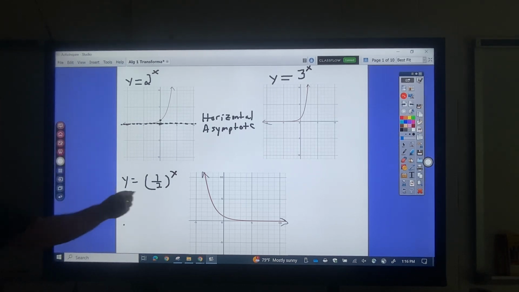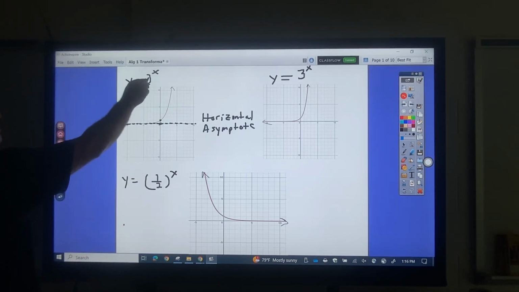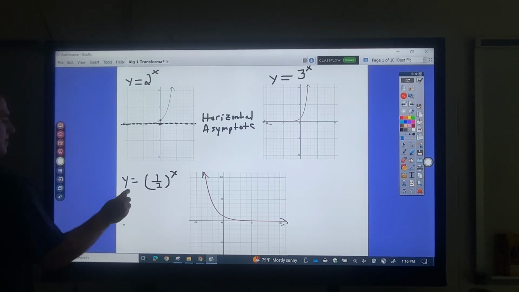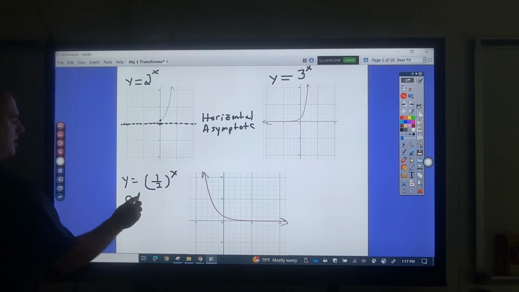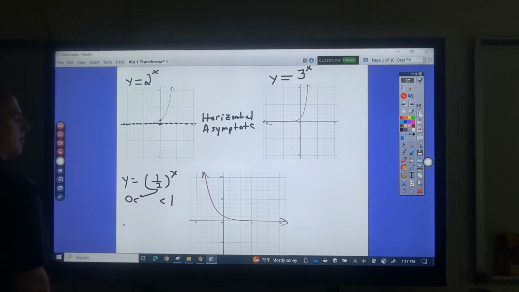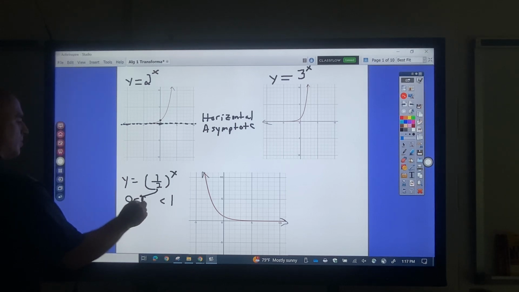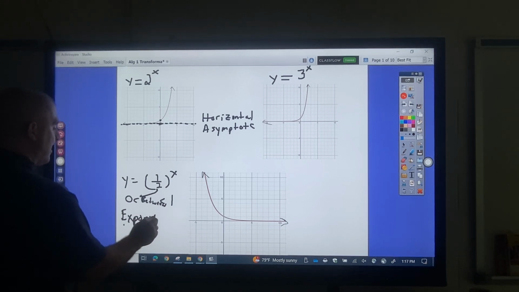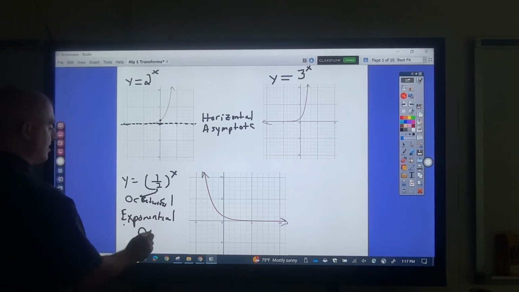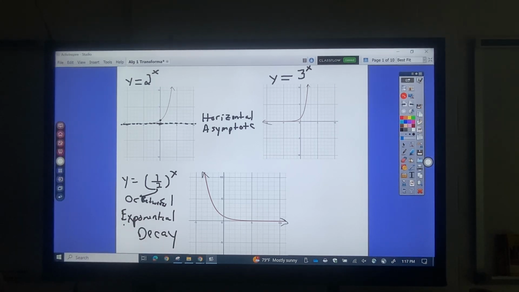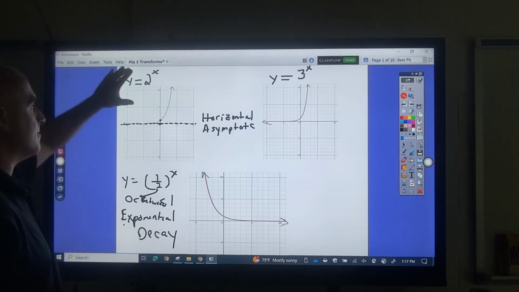Now, when this number is a fraction, between 0 and 1, what you have is something called exponential decay. You see exponential decay often in nature, like the breaking down of atoms or different things in the environment.